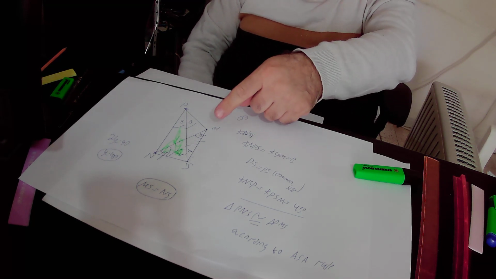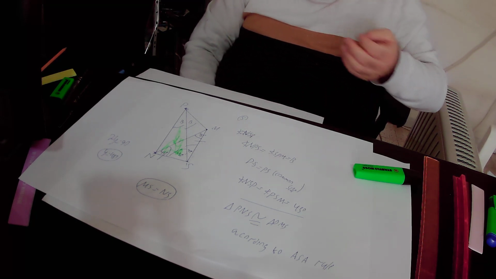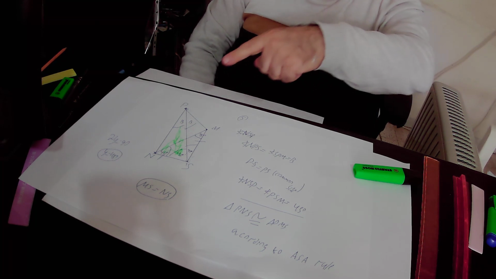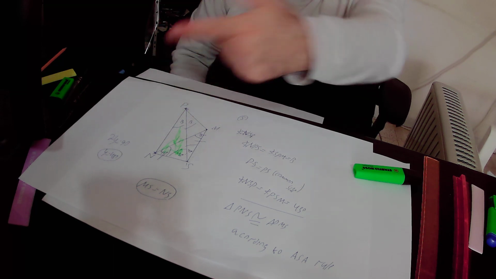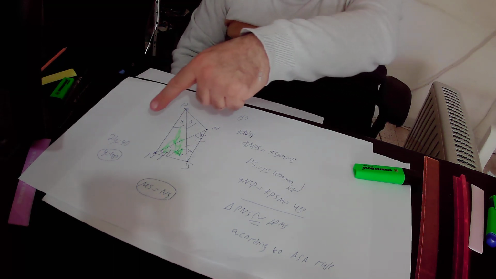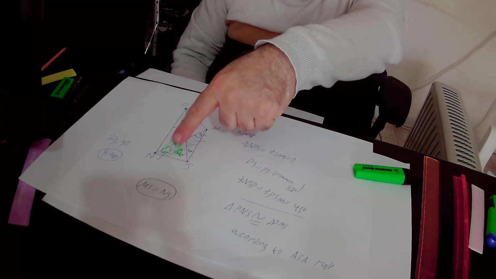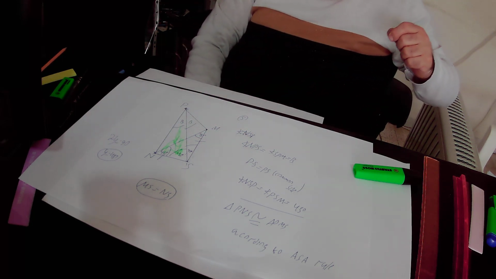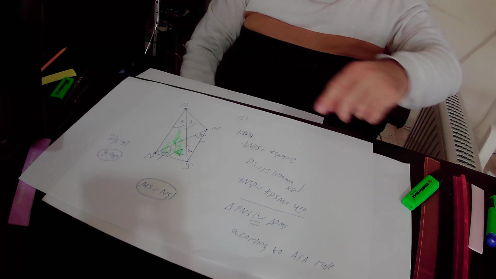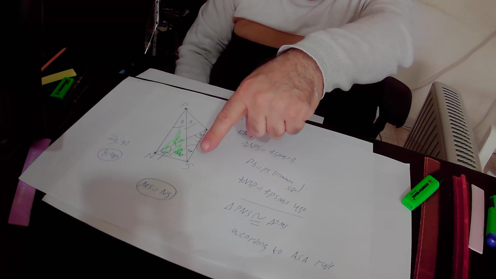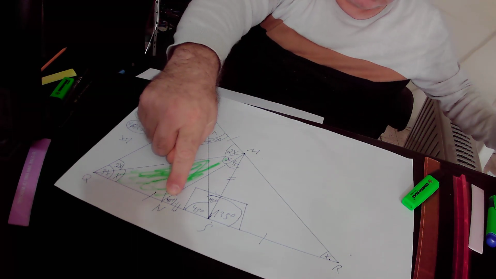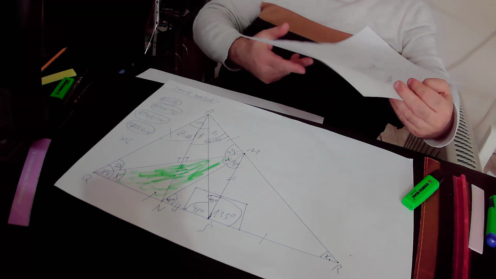So if we define one angle as y, then the other angle will also be equal to y. So we will get that y plus y, that is 2y, must be equal to 90 degrees. We will divide this equation by 2 and we will get that y equals 45 degrees. So those two angles are equal to 45 degrees. Okay, so angle MSN equals 45 degrees, that is to say this angle equals 45 degrees.